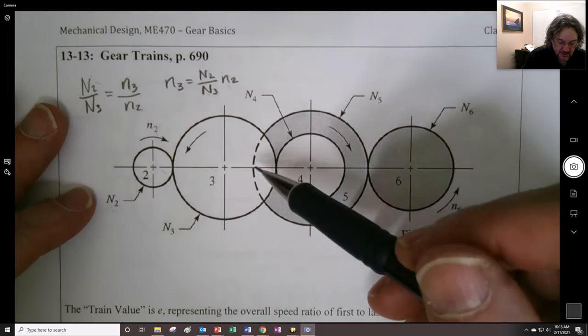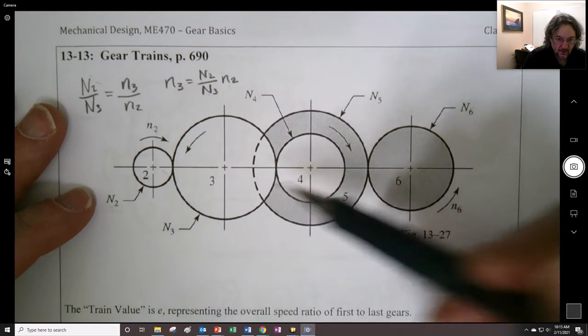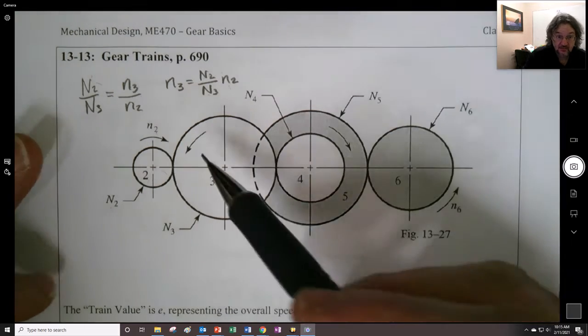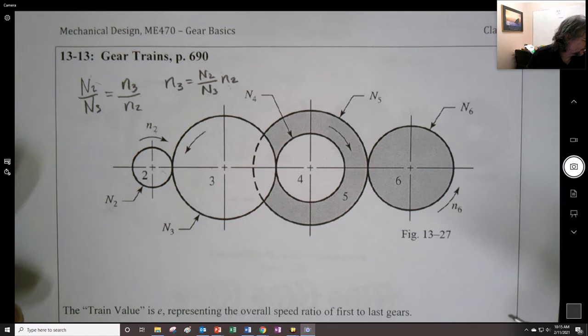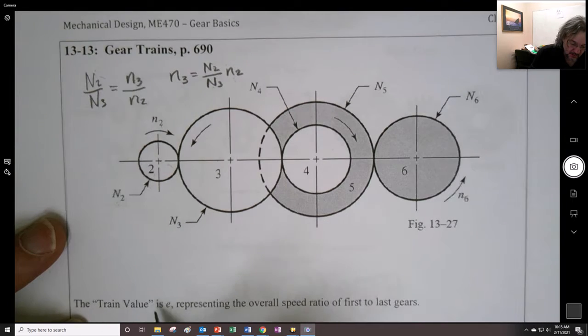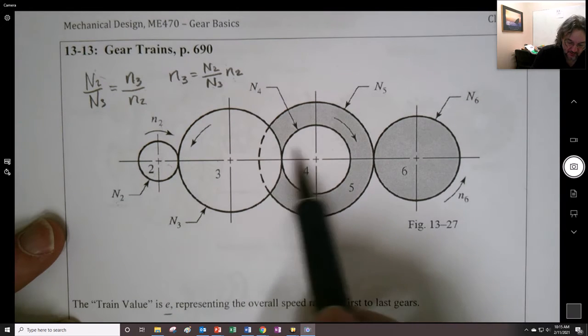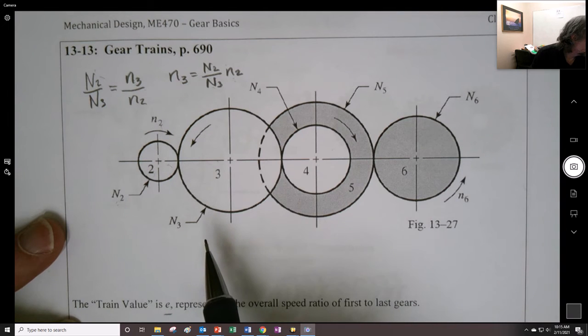And some stages, we're going to see, don't achieve anything because of the way things are going to cancel out. All right, so maybe I'm jumping ahead here, but we're going to introduce this idea of the train ratio right here, where we're going to go from each one of these things and we can put them together.